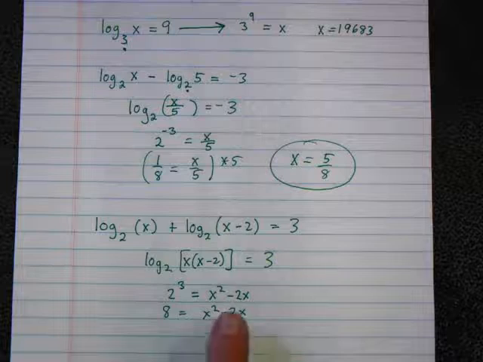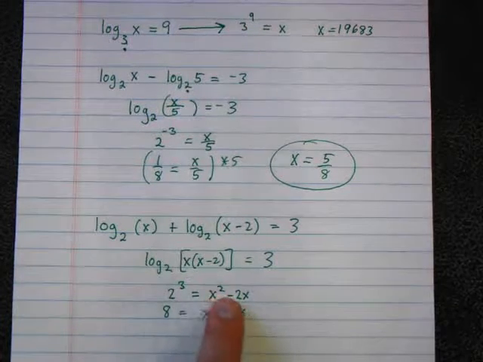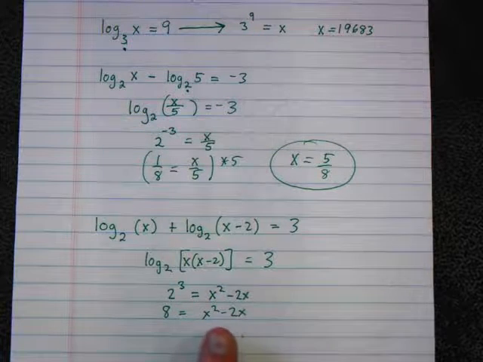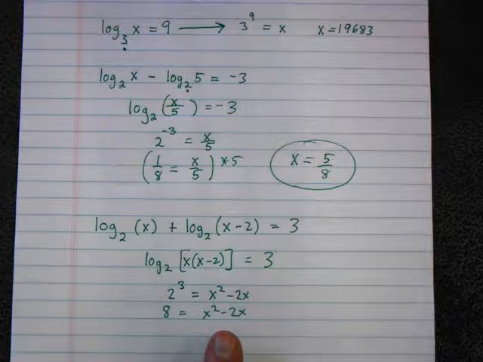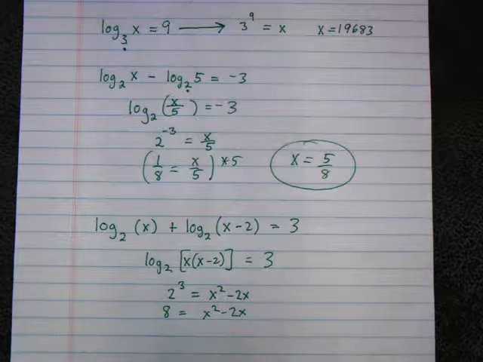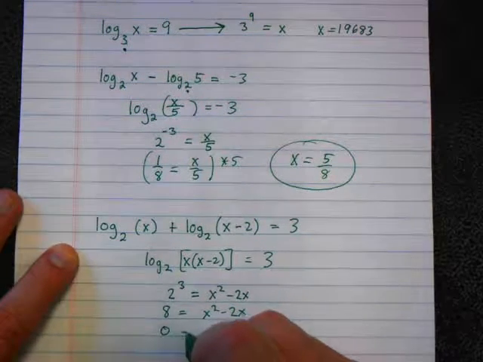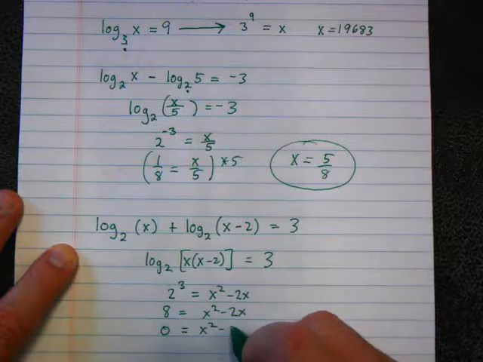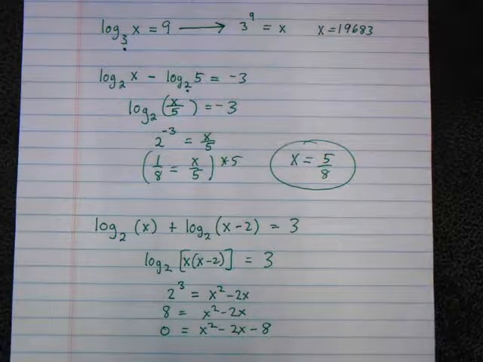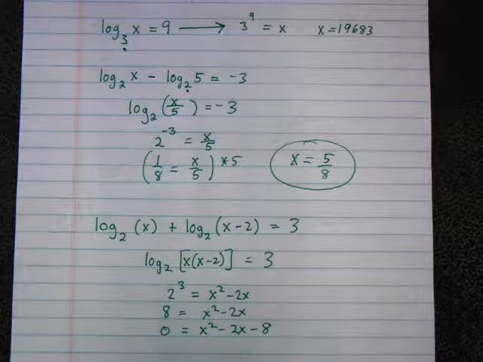Well, if I factor out x, then it's just back to the x times x minus 2. You're close. You want to factor, but you got to do something before you factor. You got to have 0 on one side in order to be able to factor. That's correct. So 0 equals x squared minus 2x minus 8. You always have to have 0 on one side before you can factor.